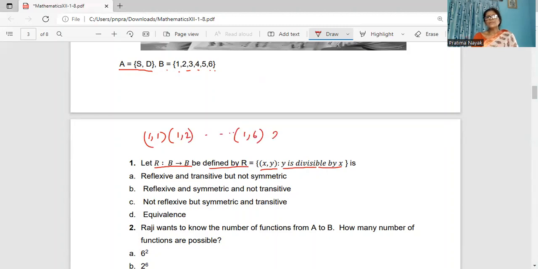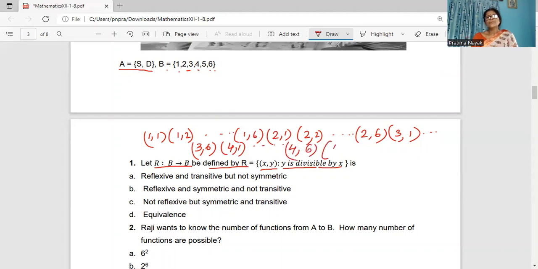Then you are taking ordered pairs 2, 1, 2, 2, up to 2, 6. Then 3, 1 up to 3, 6. Similarly, 4, 1, 4, 2, up to 4, 6. 5, 1 up to 5, 6. And last is 6, 1 up to 6, 6. So all these ordered pairs are B cross B, or the Cartesian product of B and B.